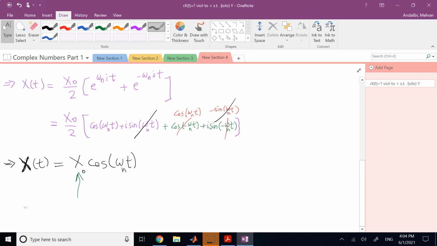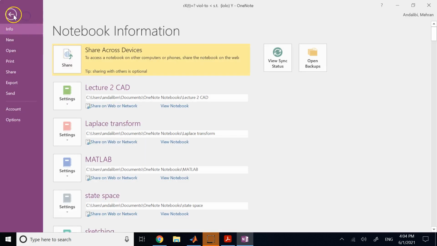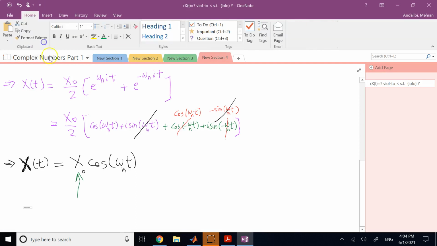This is the amplitude of oscillations. Now I don't know why the font size is this small, but we can change that for sure. And make it like 120. There we go.